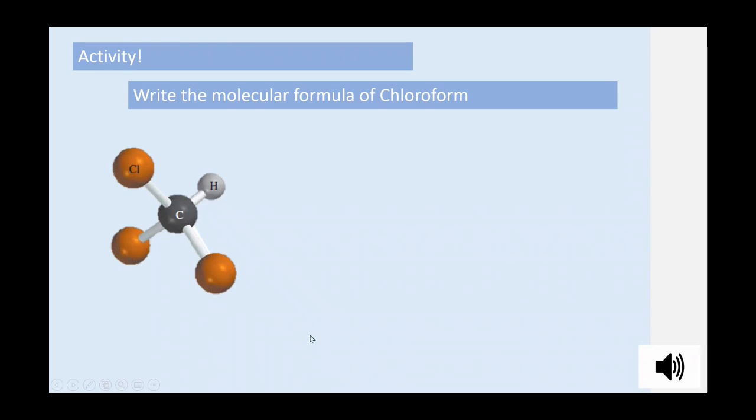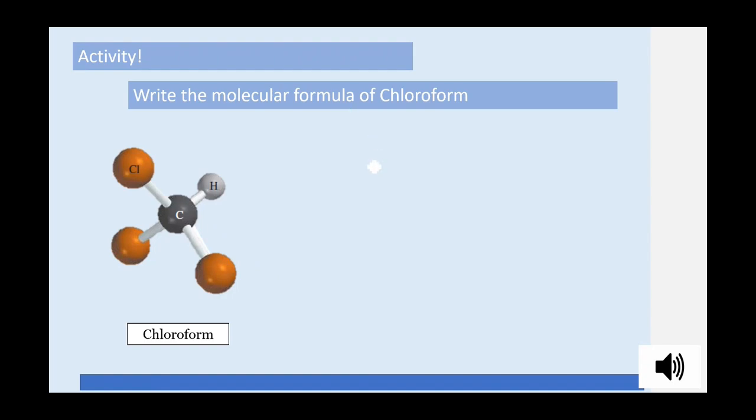How about the molecular formula of chloroform? Try this one, class. By following the 3 steps, first you need to identify the elements. We have carbon, hydrogen, and chlorine.